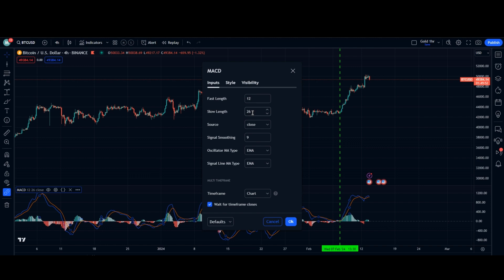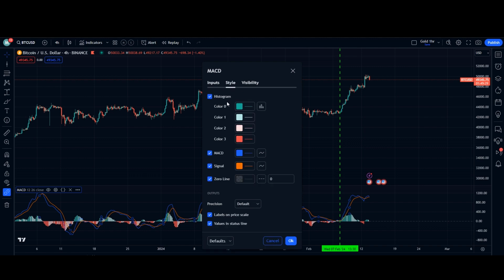It is the basic structure that everyone uses. For the oscillator MA type, we are using EMA. A lot of people use SMA, but EMA works better with the smoothing factor, in my opinion. At least that's how I've used it for as long as I've been using it.